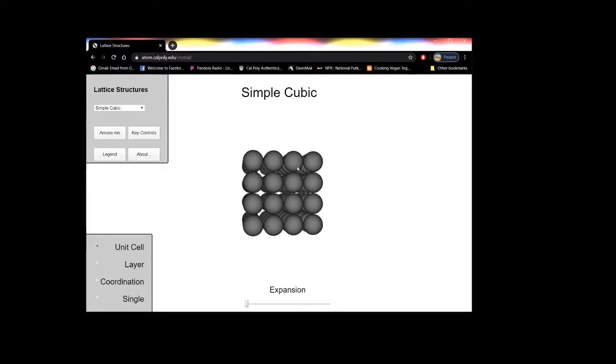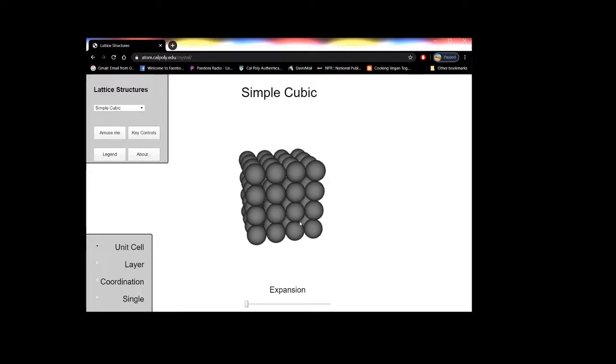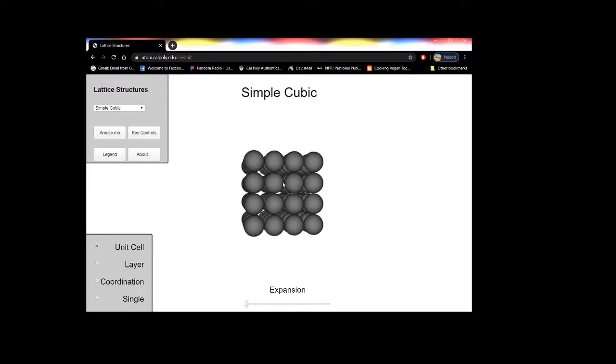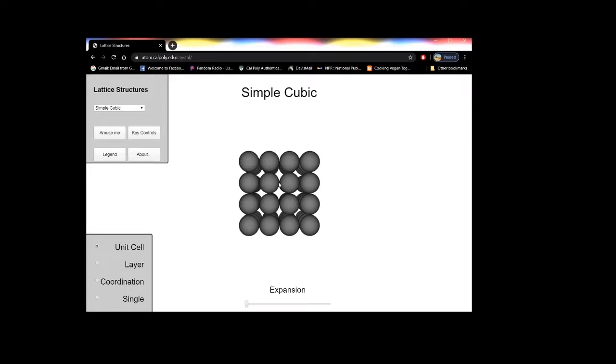This is the reason I like this assignment, and the reason I like thinking about this is because, I'll be honest, most of you are probably not going to use crystal structures much in your academic future, in your careers. But what you will definitely use is 2D representation of 3D objects.